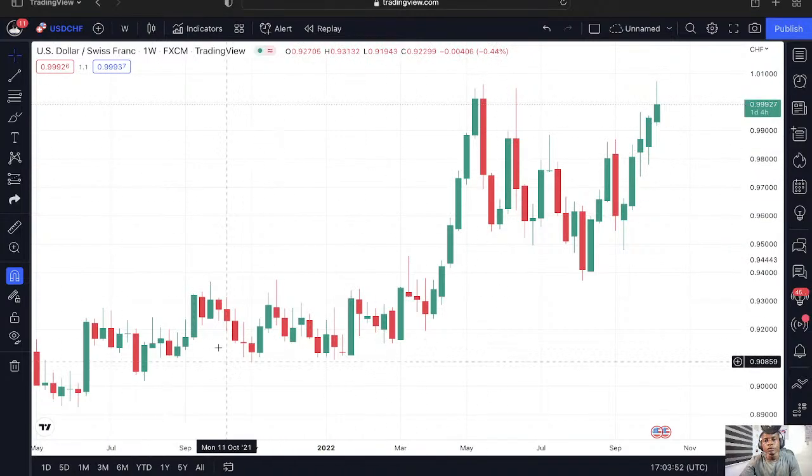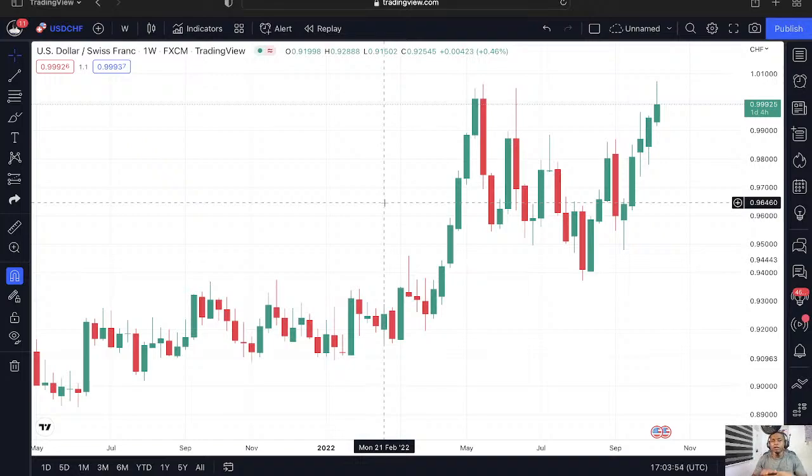Interestingly, you want to understand the market structure and how demand and supply have been interplaying on the higher time frame, which you would use to analyze your chart down to the lower time frame.